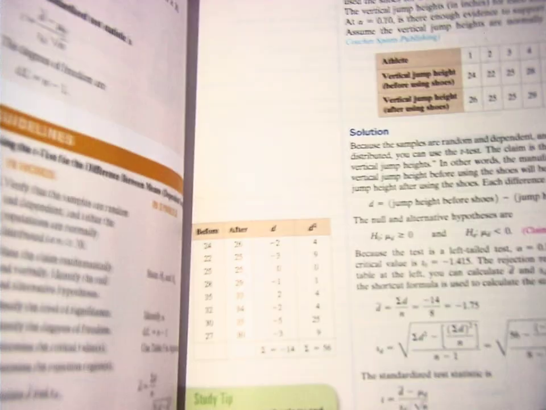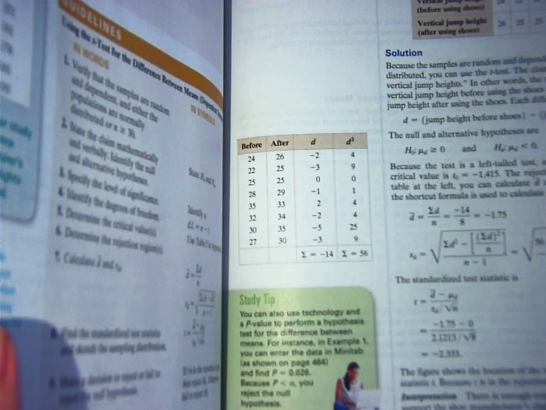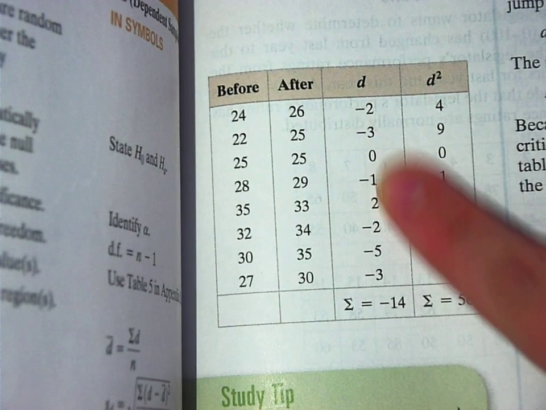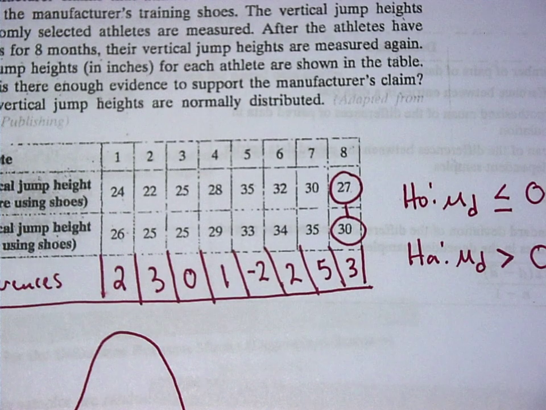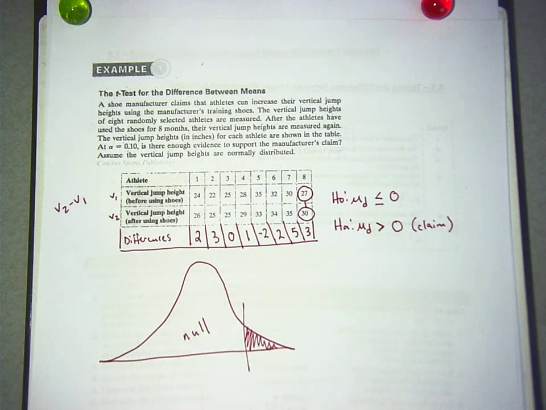The book always chooses to take the before minus the after, so they would want a negative difference in these jump heights compared to a positive difference, like we have. But anyway, did I mess up something? They have 2 that are 0. No, just 1 that's 0. And that one's positive. Oh yeah, that's right.